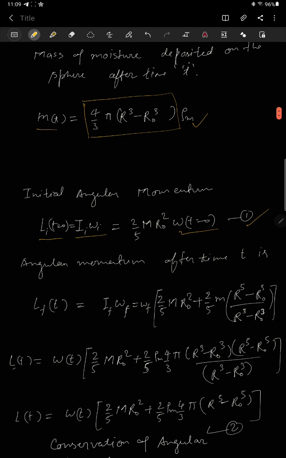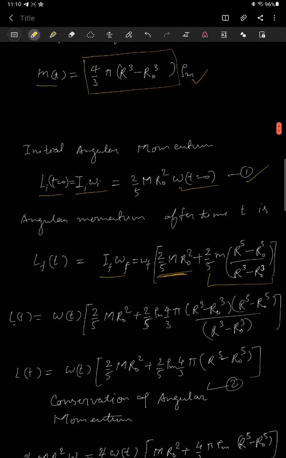Now we will calculate the angular momentum after time t. After time t, the system will contain both moisture and the solid sphere, so I omega f will have two moments of inertia, and we have to add them. This is the moment of inertia of the solid sphere, and this is the moment of inertia of the spherical shell of moisture.